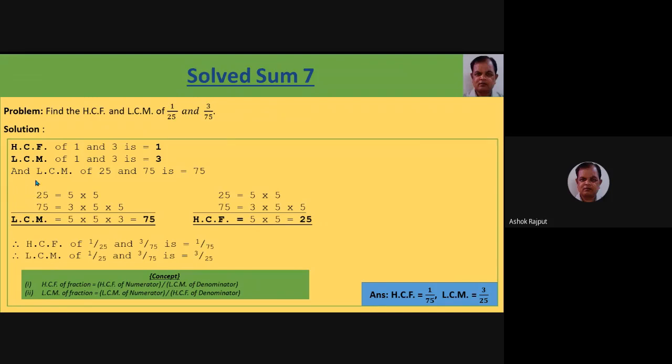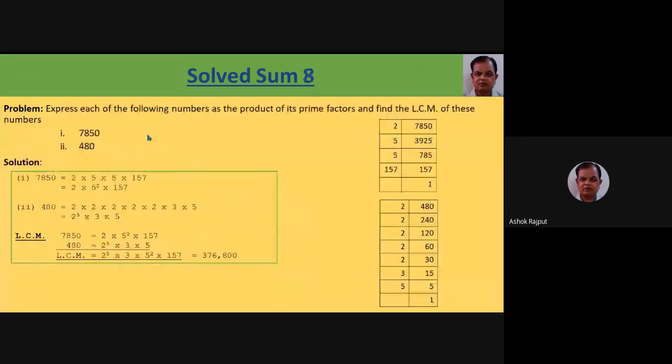Now we are going to the next question. Express each of the following numbers as the product of its prime factors and find the LCM of these numbers. Now we have the numbers 7850 and 480. First we factorize these, as we have factorized already. 2 3s are 6. 2 9s are 18. 2 2s are 4. 2 5s are 10.